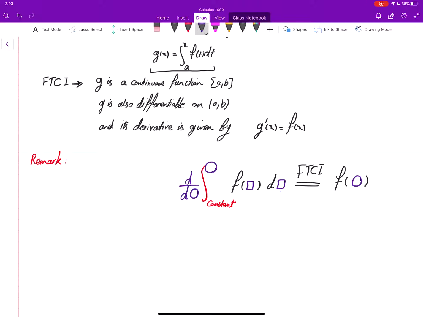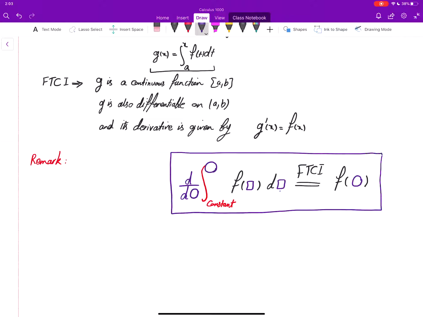So this is the fundamental theorem of calculus. Well, you have to remember this and be able to use it. Okay, so here now I have some examples.